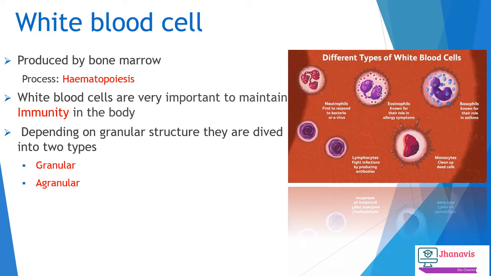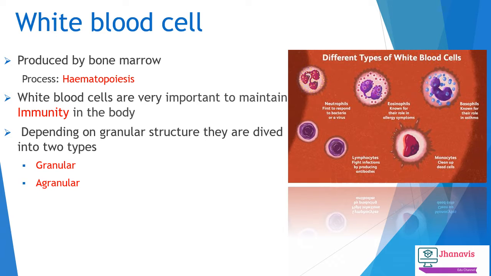There will be a large production of neutrophils, indicating that the body is responding to a particular virus or bacteria. The second granular WBC is the eosinophil, which plays a very important role during allergic symptoms. That means when there is an allergy in the body, eosinophils are produced in large amounts. Next is the basophil. These three come under granular structures.